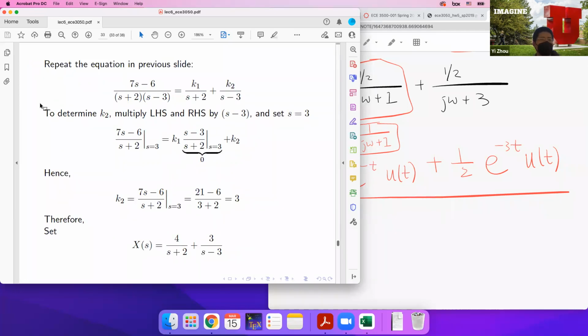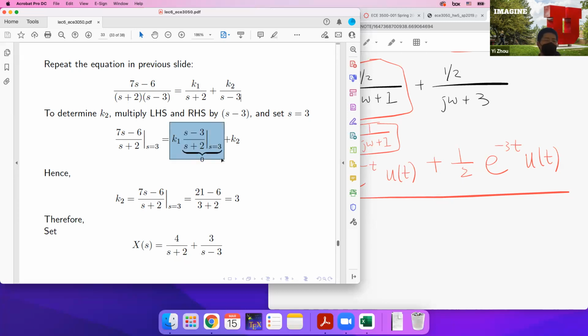And then we will repeat this process to determine the value of K2. Okay, so to determine K2, you simply multiply both sides by the new denominator of K2, which is s minus 3. After multiplying by s minus 3, you evaluate the entire equation at the corresponding root, s equals 3. By doing so, you will find that the terms that involve K1 will become 0.